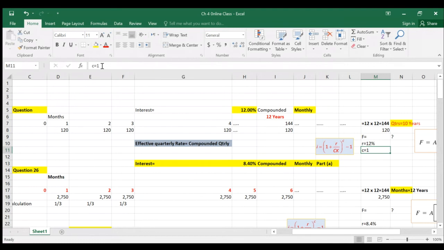First of all, this is what we need to calculate, our effective rate, and then we can calculate whatever amount we have. So we have to calculate an effective monthly rate, compounded monthly.